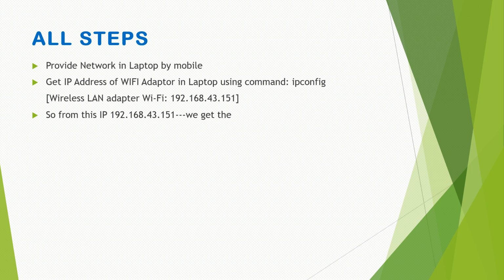Next, from this IP 192.168.43.151, we get the range, which is 192.168.43.1 to 192.168.43.254. It means each and every device connected within this network must have an IP from this range. Observe the last two octets, starting from 43.1 up to 43.254.